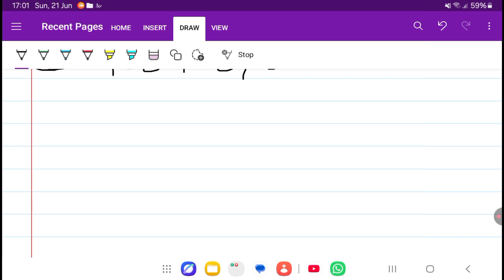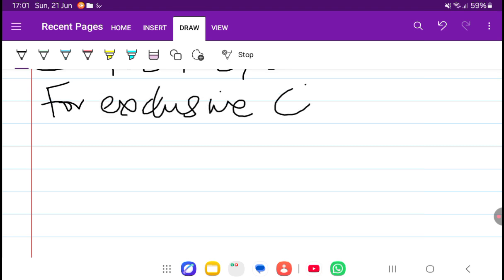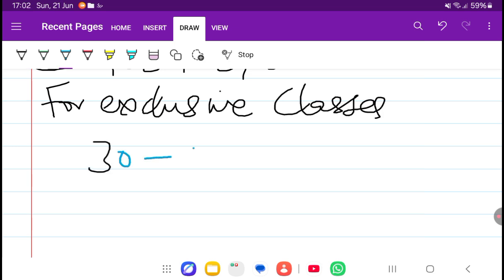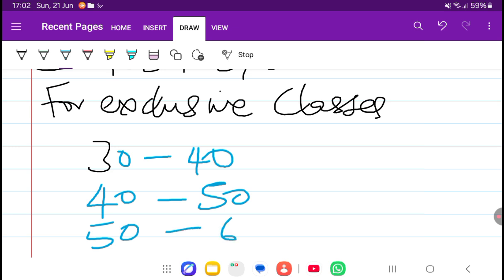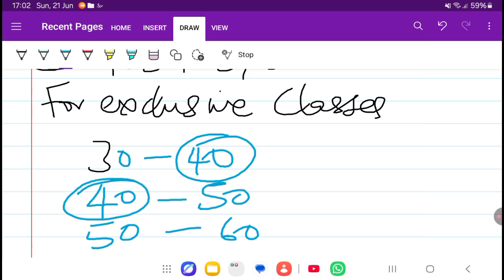Now, for exclusive classes, there is a very big difference. For exclusive classes, you'll find that if the class is 30 to 40, and then it is 40 to 50, then 50 to 60, between this and this, we don't have any gap. 40 minus 40 gives us 0.